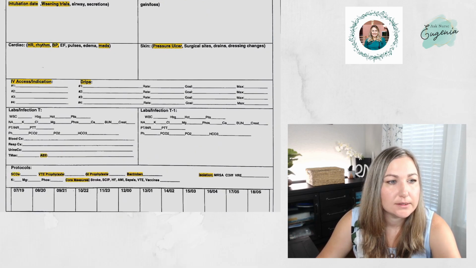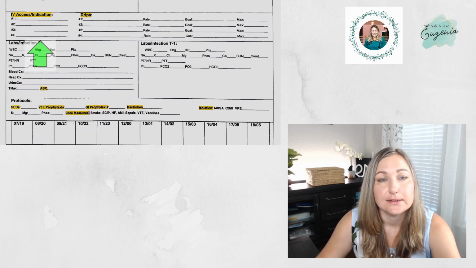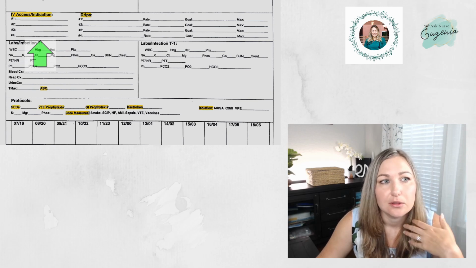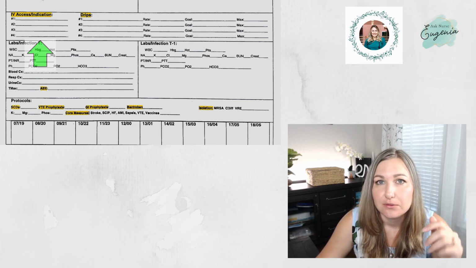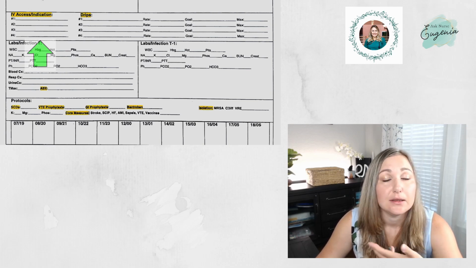All right, so next is IV and IV accesses. That's where you would write what kind of lines they have, PIVs, peripheral, right? So I would put right side, IJ, internal jugular, right? ×2 or ×3, how many lumens they have, and the date it was placed.